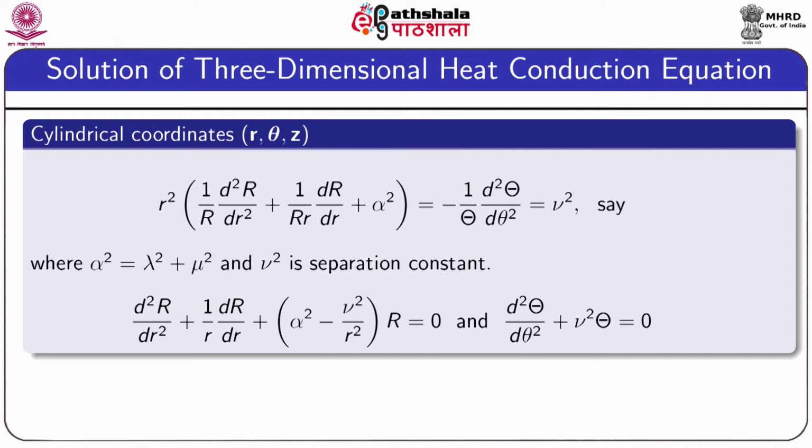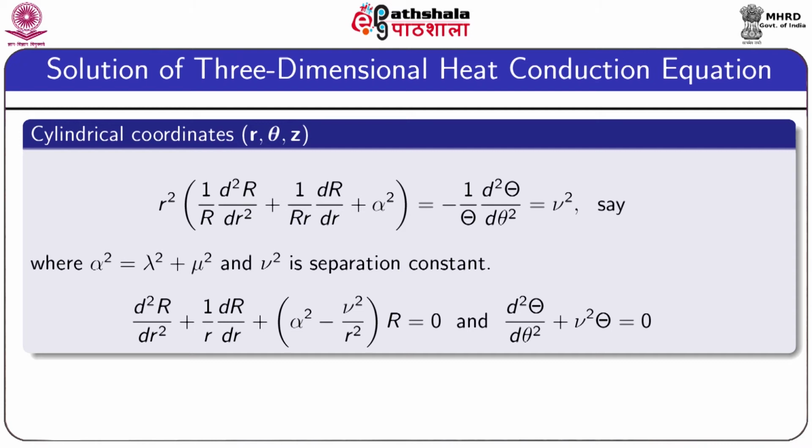The equation for capital theta becomes d2 theta by d theta square plus nu square theta equals 0, and the equation in the variable capital R is written here: d2R by dr square plus 1 by r dR by dr plus alpha square minus nu square by r square into capital R equals 0, where the constant alpha square is defined as lambda square plus mu square.